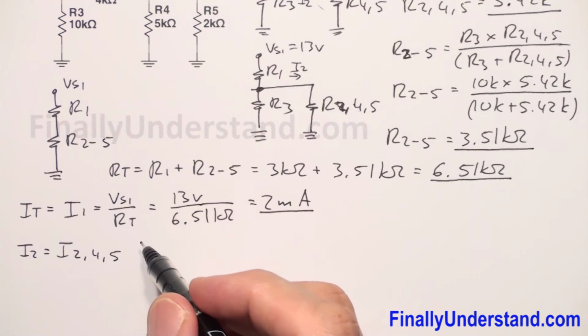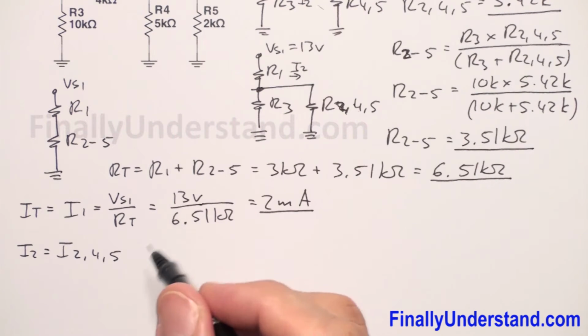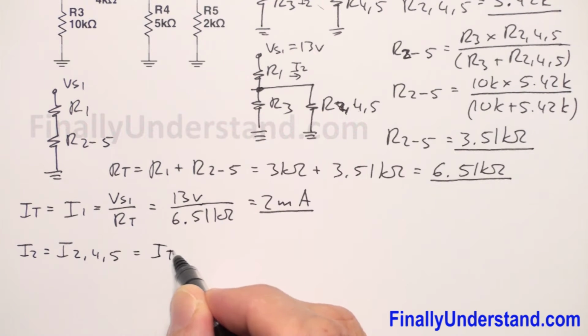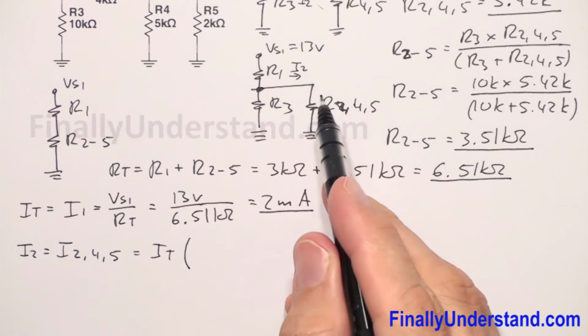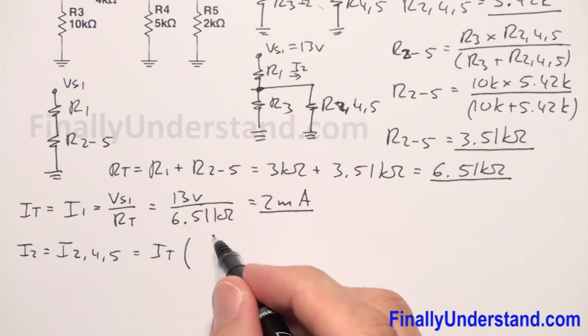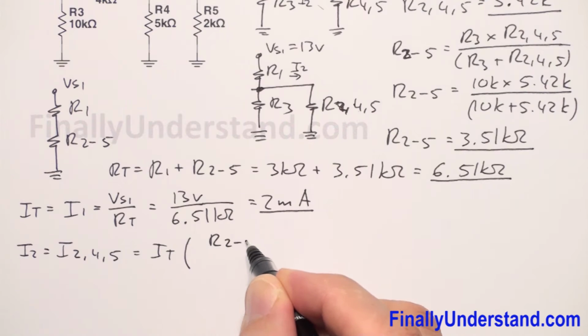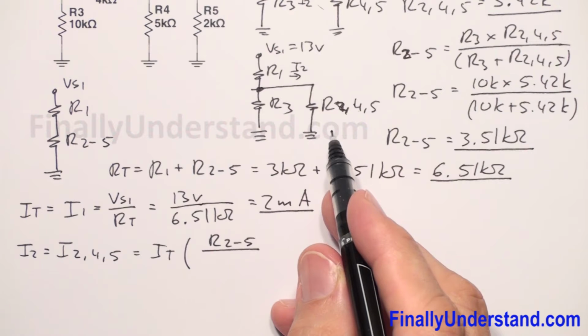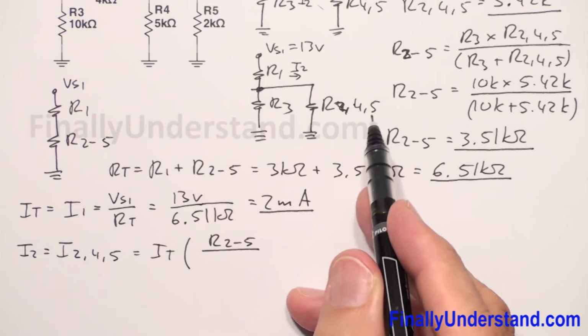So I'm going to simply write that my I2 is equal to I total times the equivalent resistance of these two, R2345, over R245.